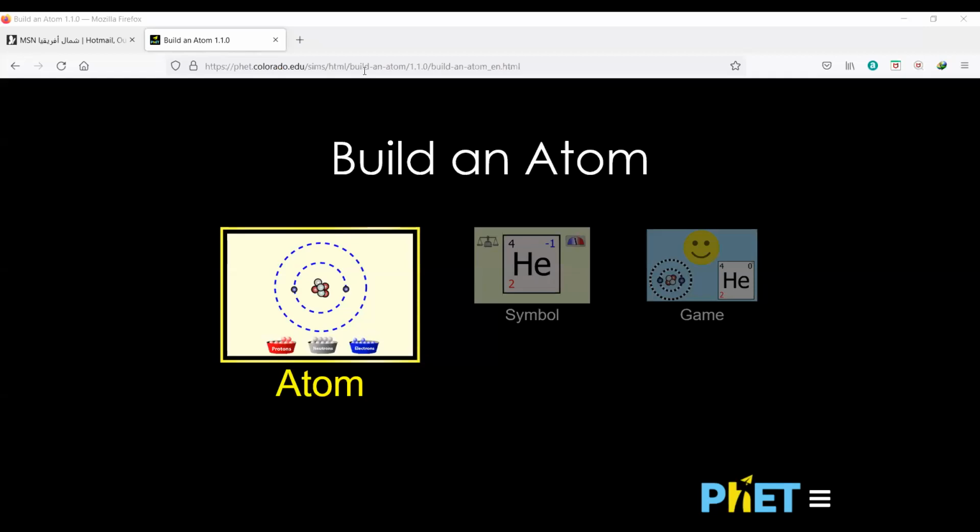Okay, so let's have a look at an atom together. Here we go. This is the atom.